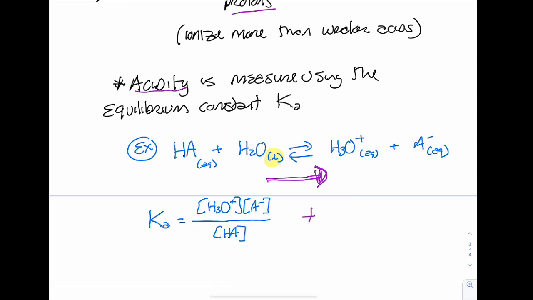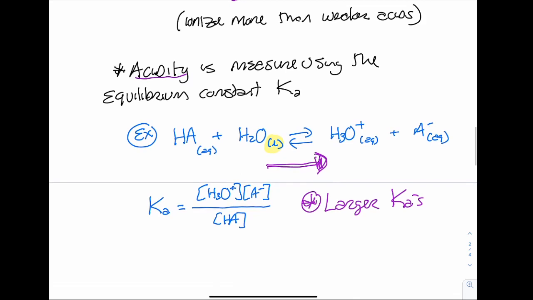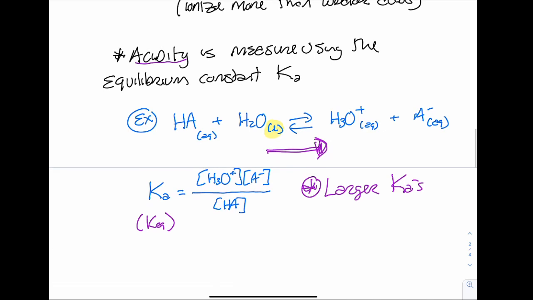So larger Kas, right, larger equilibrium constants. And again, if you're looking at values, you might actually see the EQ there for equilibrium instead of an A. Again, just capital K is the equilibrium constant. So larger Kas mean stronger acids, right?